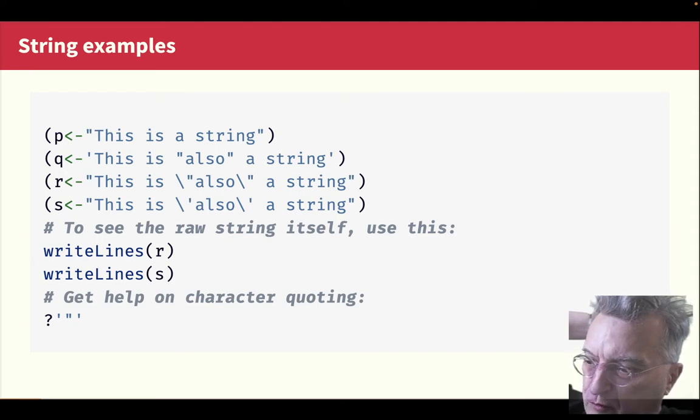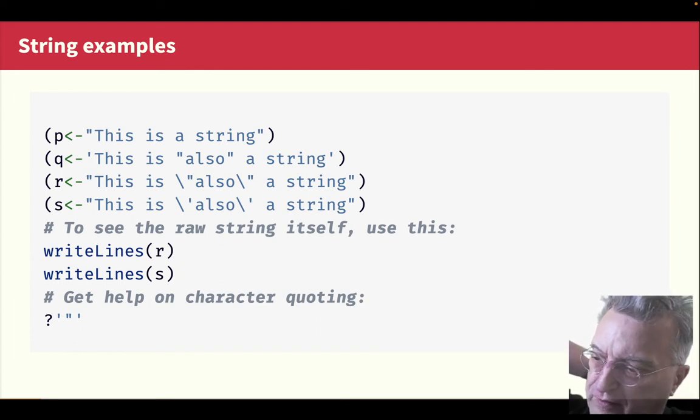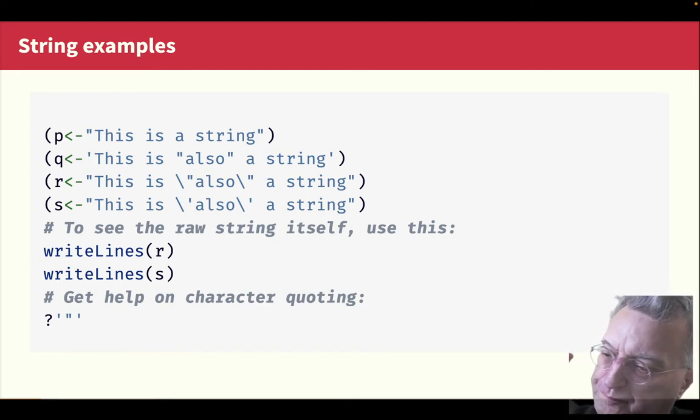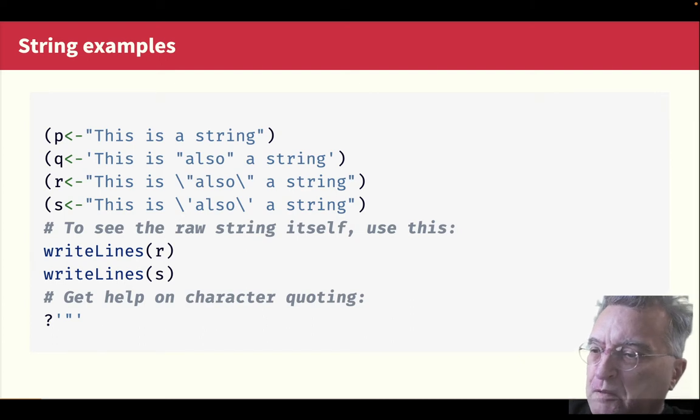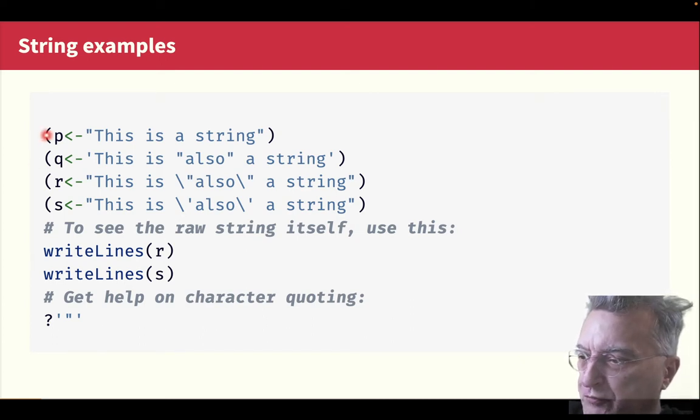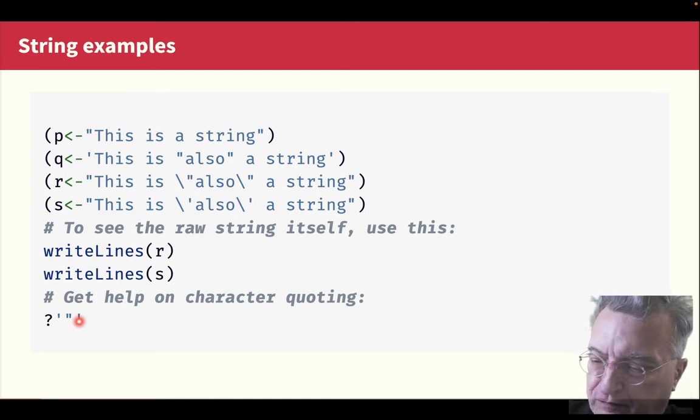We can see the raw string by saying write lines and then the name of the string. By placing these strings in parentheses, I've caused them to be printed out at the same time that they're saved in the associated objects. And if I want to get help on character quoting, I need to say question mark, apostrophe, quotation mark, apostrophe. Yuck.